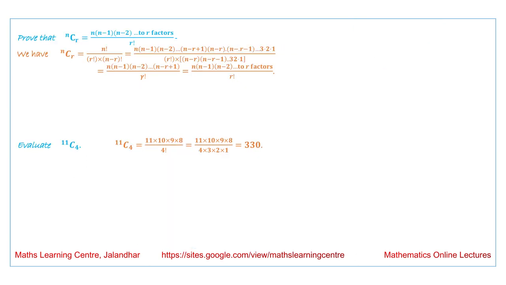Next we have to prove that NCR is equal to this. The formula for NCR is N factorial over R factorial into N minus R factorial.